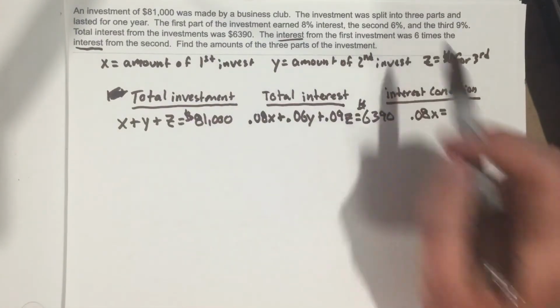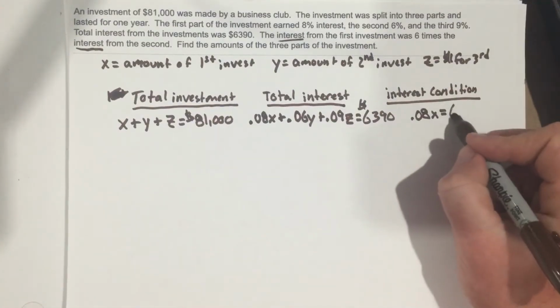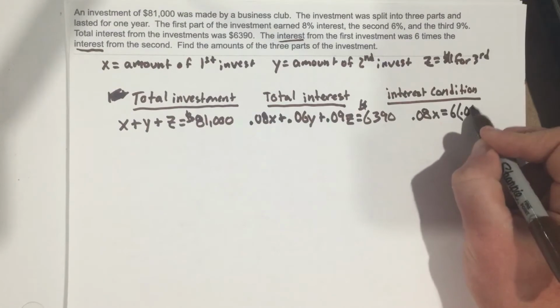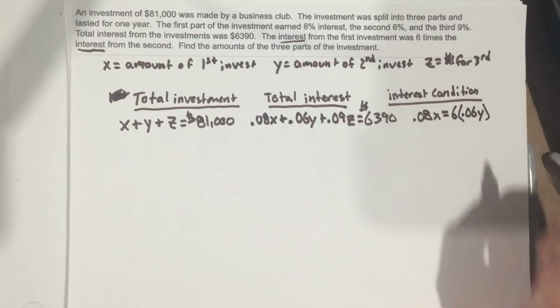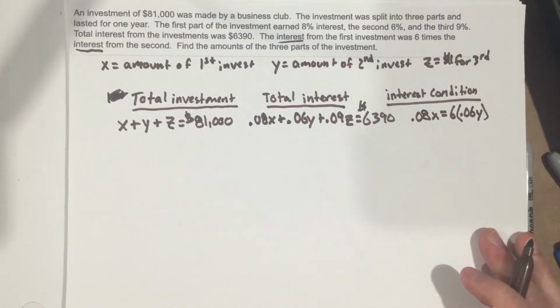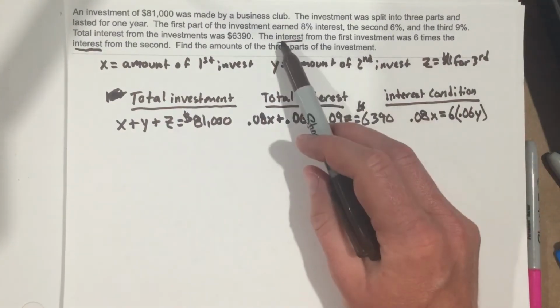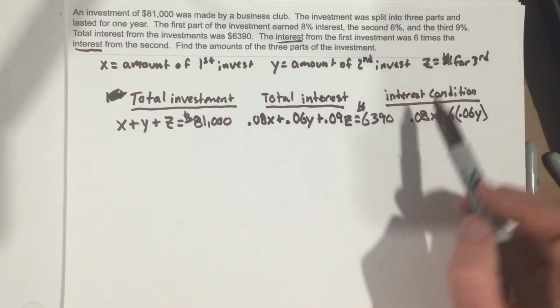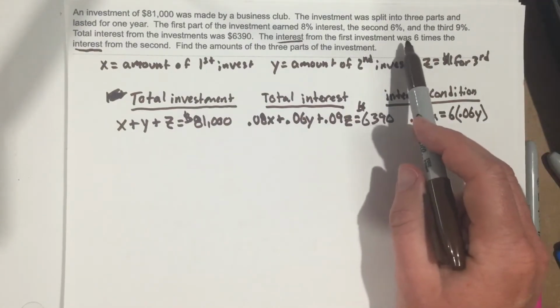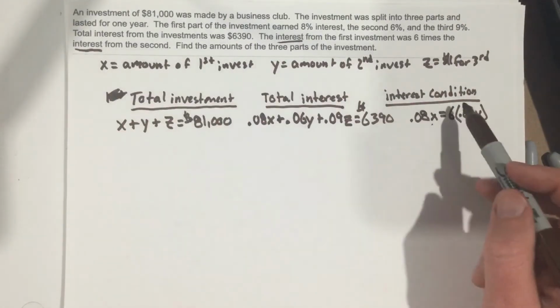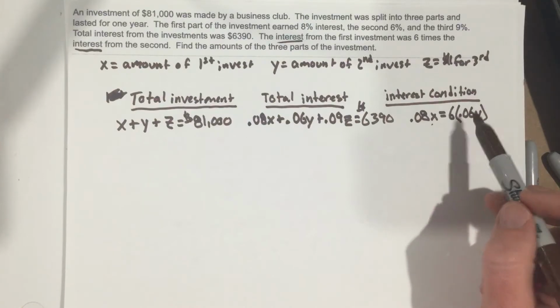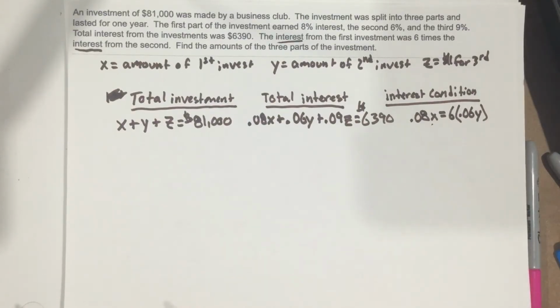Well, interest of the second investment is 6%. So I'm going to take 6 times 0.06y. And that's how I come up with my equation there. I'm literally reading along. The interest from the first investment, that's 0.08x, was 6 times the interest from the second. And I have my third equation.